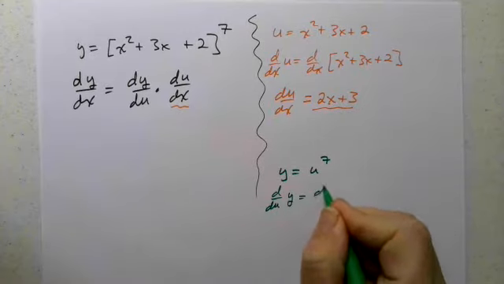What will that give us? Dy dx equals negative x times 1 over u to the 3/2. But what was u? U is x squared plus 6.